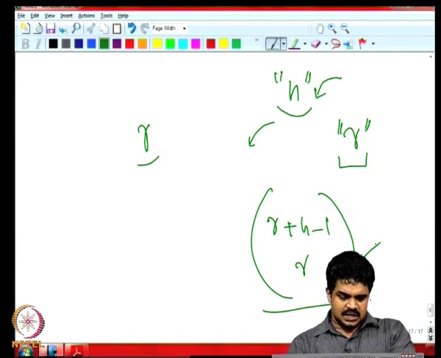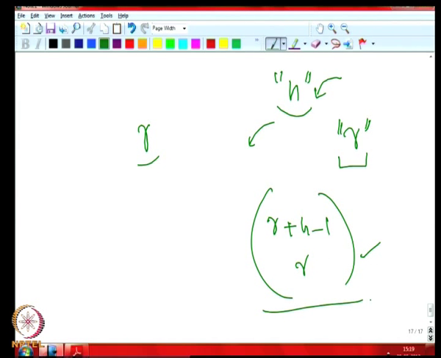But if the number of objects of a certain type is less than r, then this formula will not work. We will discuss this problem later, but it is not easy to get a general formula directly. We will try to find some ways of dealing with that problem later.